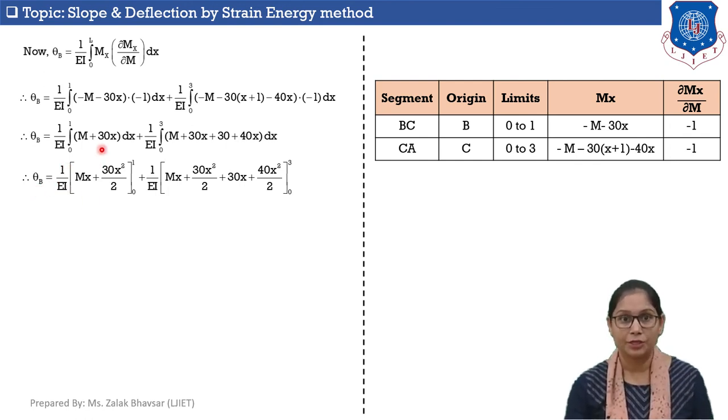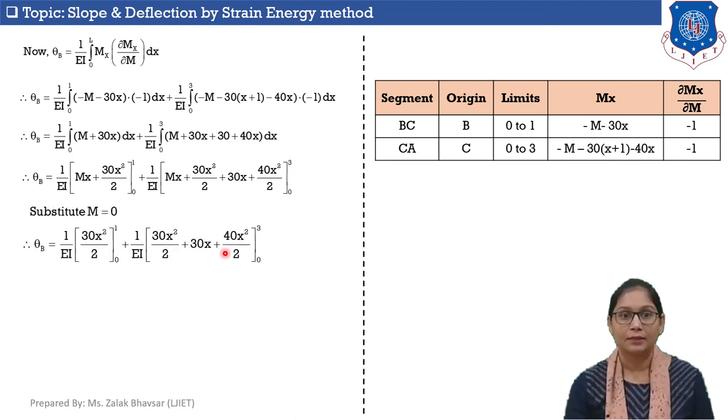Now, integration of this bracket with respect to x is equal to M into x plus 30 into x square by 2, here lower limit is 0 and upper limit is 1, plus 1 upon EI, integration of this bracket with respect to x is equal to M into x plus 30 into x square by 2 plus 30 into x plus 40 into x square by 2. Here limit is 0 to 3.